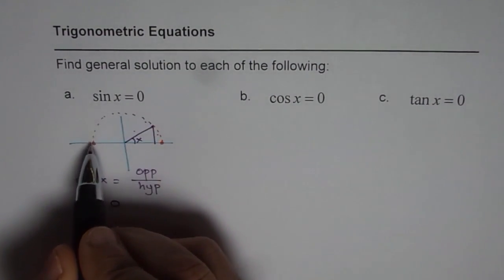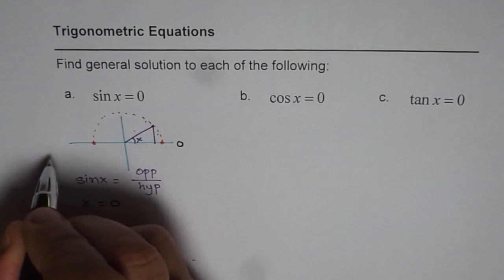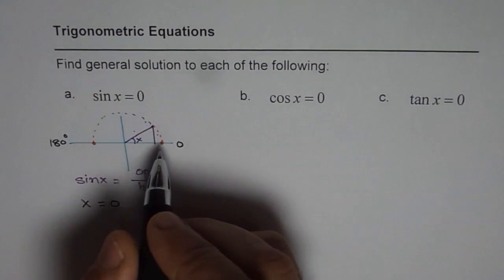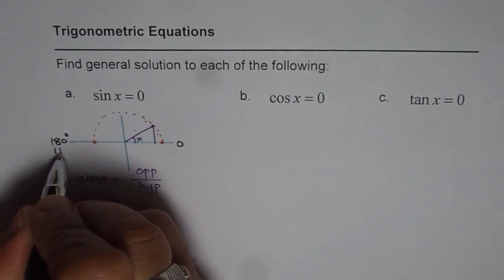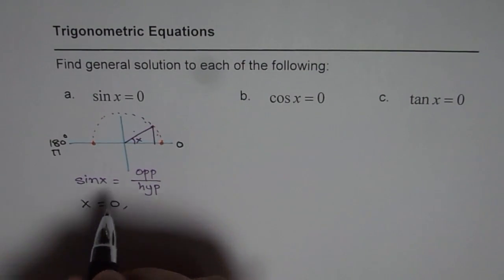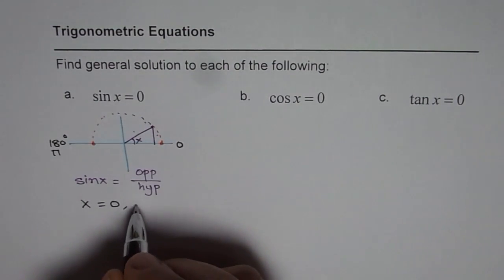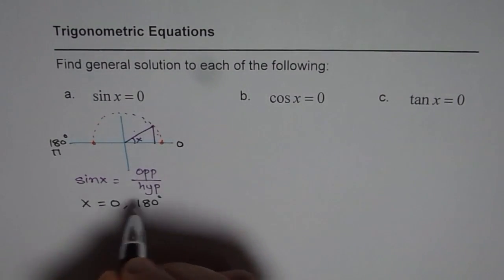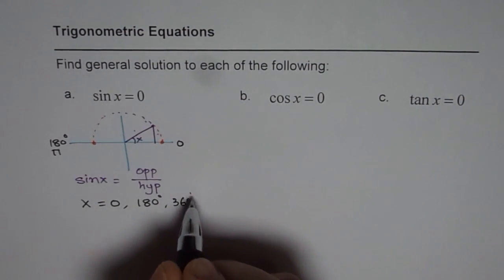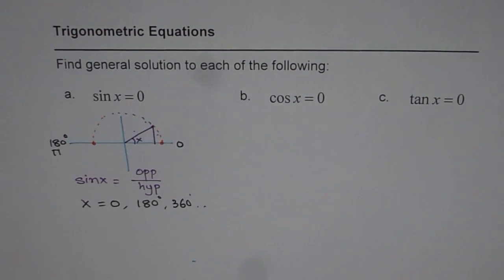Then when it goes through it, this is the position when x is 0. Here the x will be 180 degrees if you are talking about angle in degrees or pi in radians. So x will be 0, and then half circle it will be 0 at 180 degrees, and then when it comes back again 0 at 360 degrees, and so on, right?